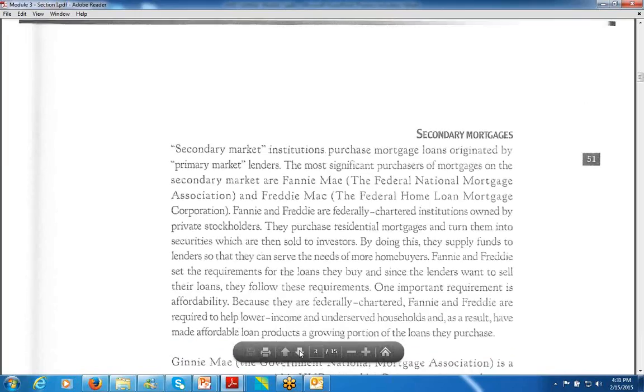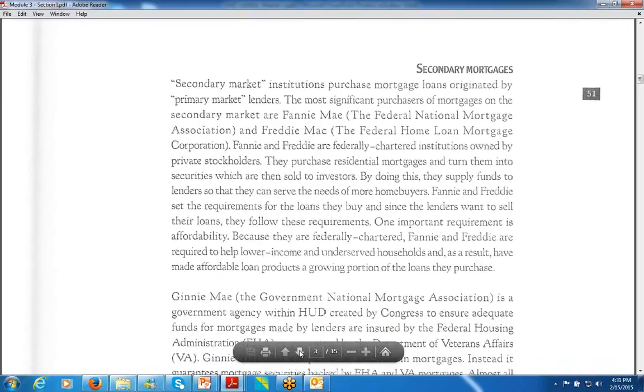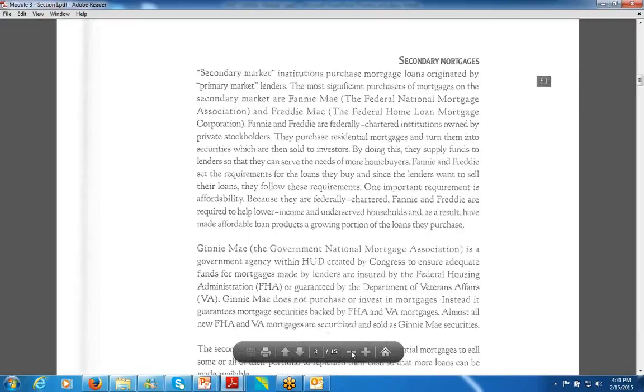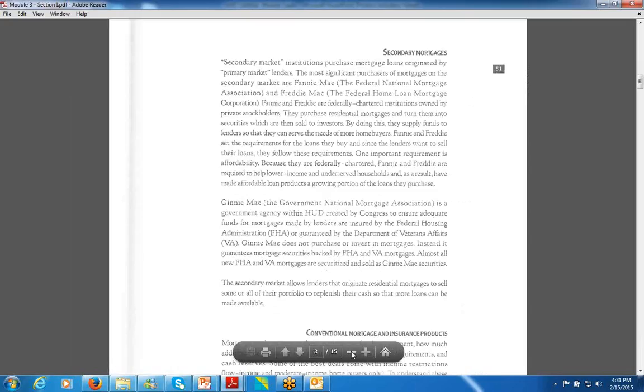Now, secondary markets. I talked a little bit earlier about selling the mortgages off, and the reality is that your bank has very little money on deposit or on hand relative to the deposit obligations that it has.